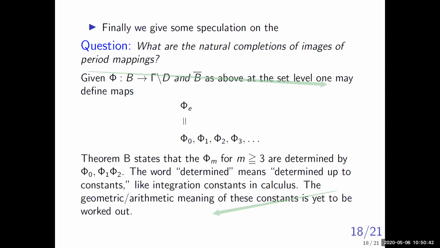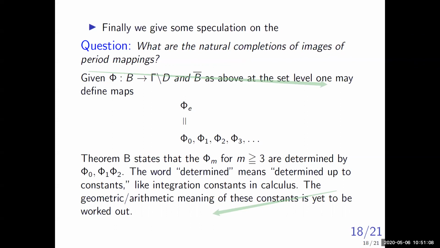Anyway, the candidates for the natural completions, just at the set theoretic level, are the images of phi naught, phi 1, and phi naught, phi 1, phi 2. Those would be some sort of toroidal completions of the images of period mappings.